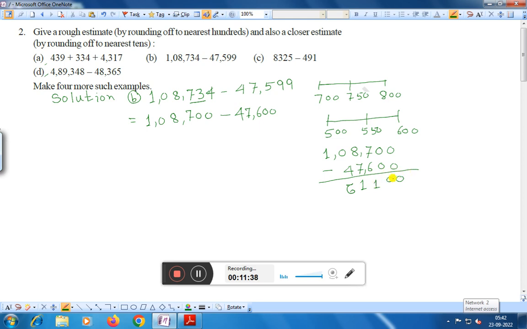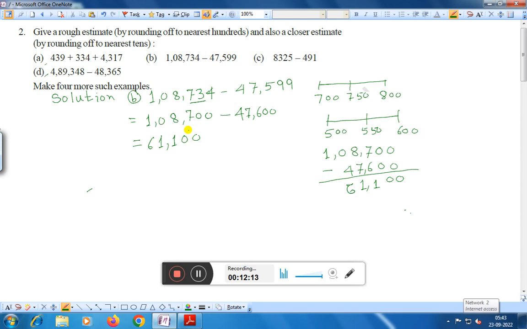That means the answer is 61,100, right? That means by rounding off to nearest 100, we are getting the answer as 61,100, right? Now we will do this number by rounding off to nearest 10, right?